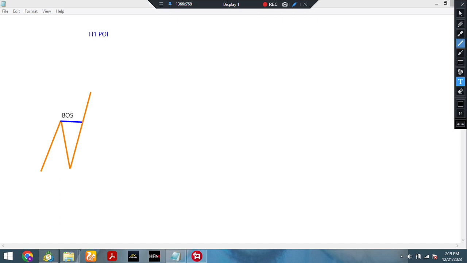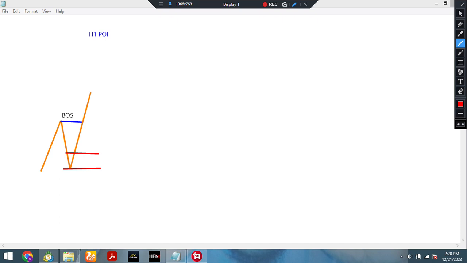Then what you see next is your software will just highlight the last bearish candle and the last bullish candle like this. So you see something like this. It becomes an area of interest in 1 hour.